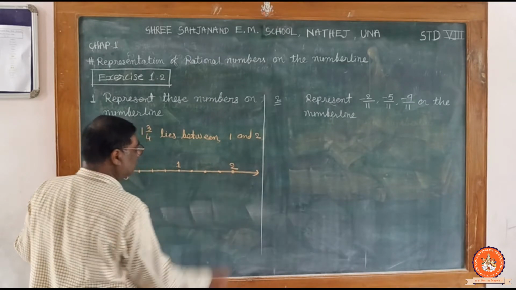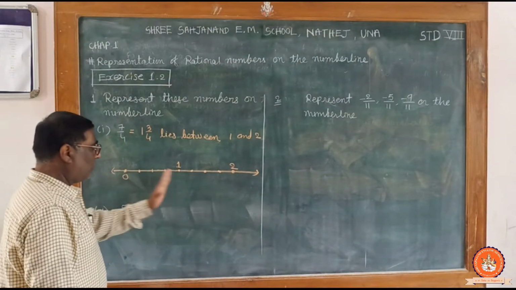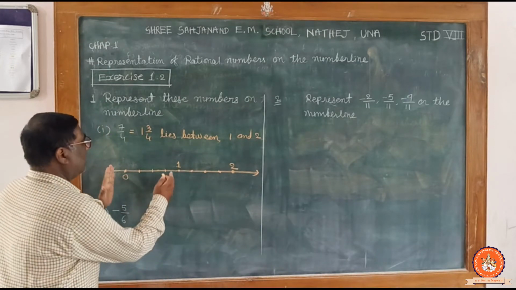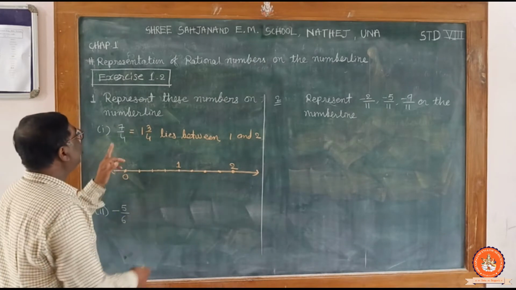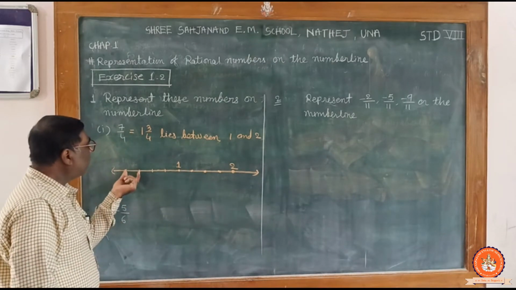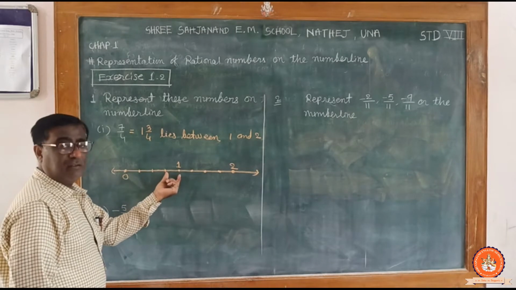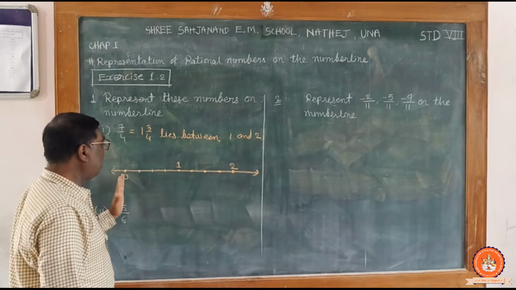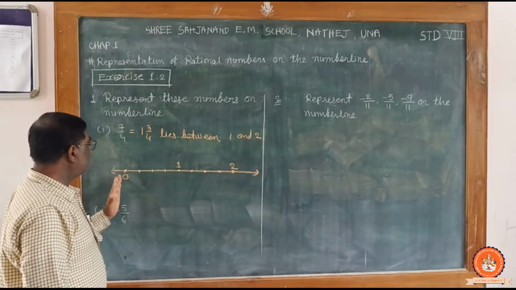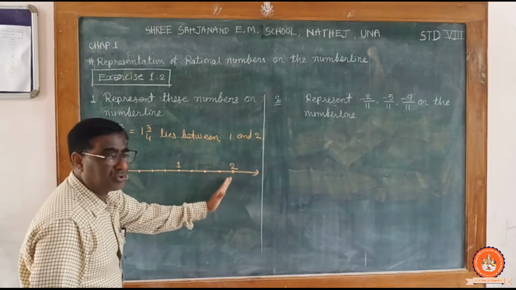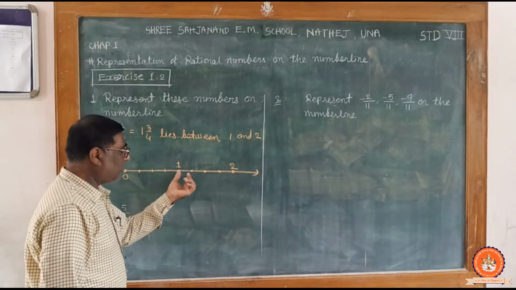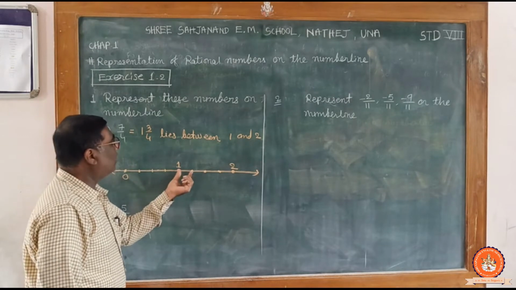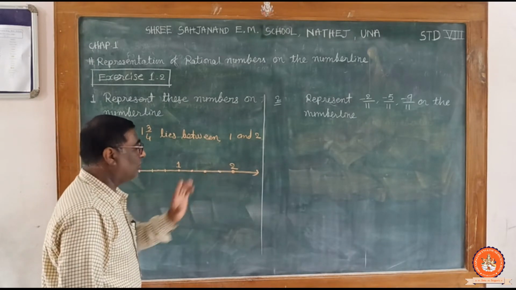It will be 2. So 0, 1 and 2, with 4 as the denominator, each unit will be divided into 4 equal parts. 1, 2, 3 and 4. Once again, the number lies between 1 and 2. So we have to keep the record up to 2. So this unit from 1 to 2 is also divided into 4 equal parts. 1, 2, 3 and 4.